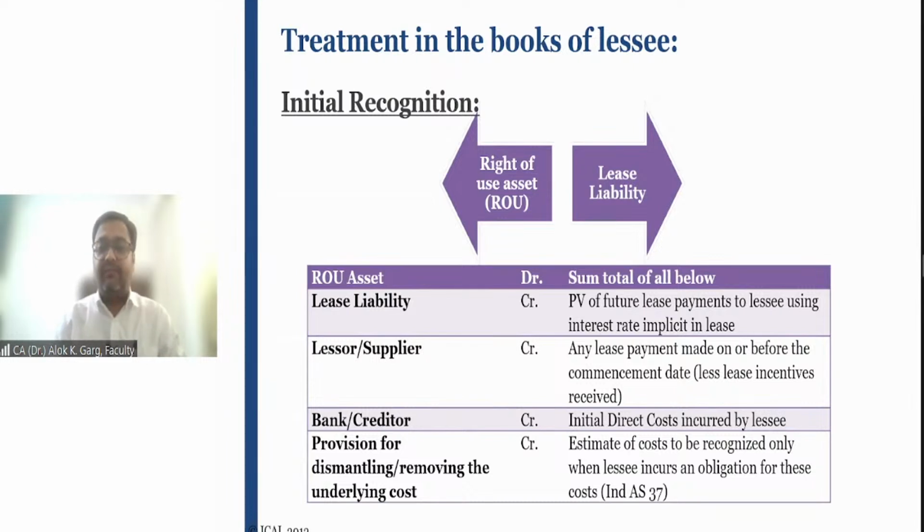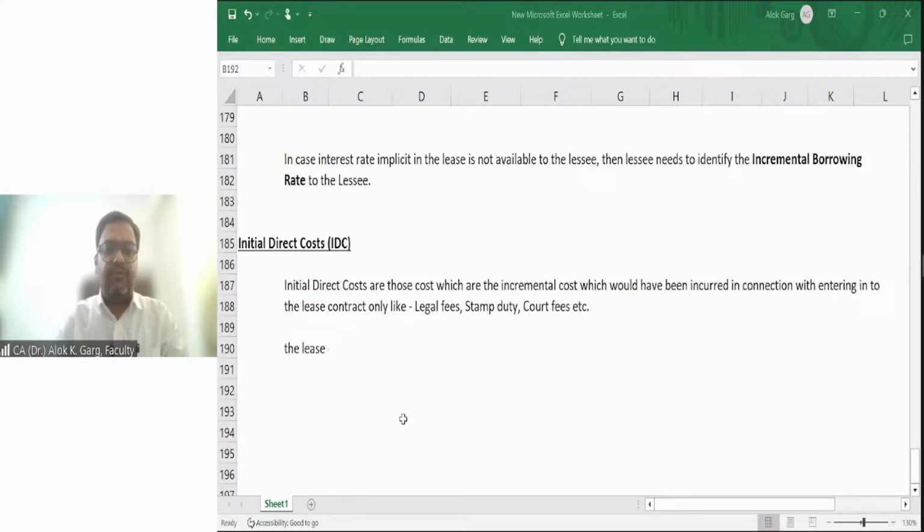Let me write an example here. And then I will discuss at what value the right of use asset will be recognized at the time of initial recognition. I hope this Excel file is visible to all of you.